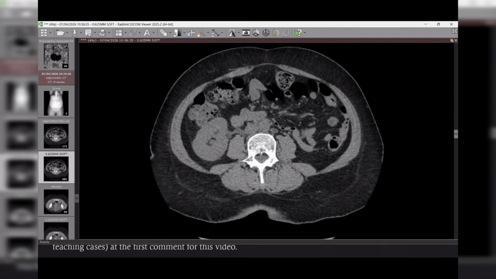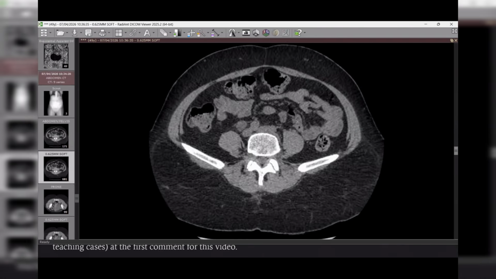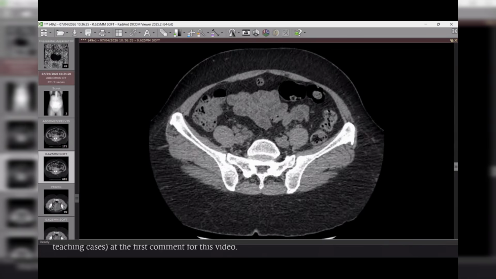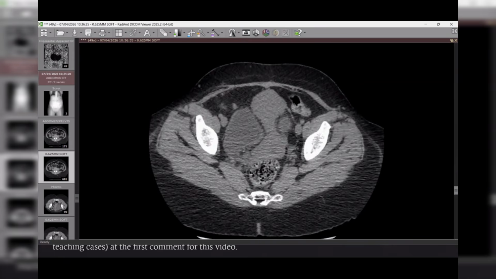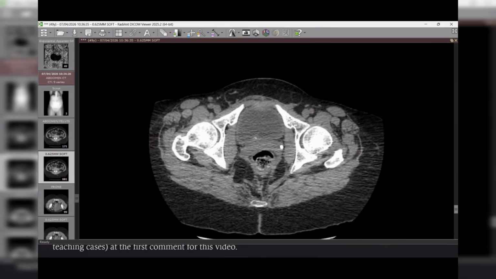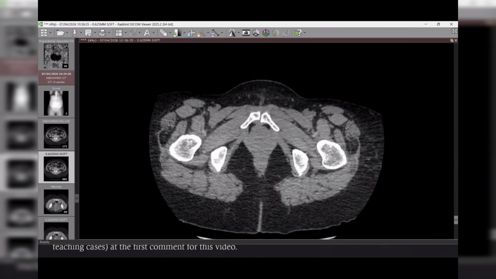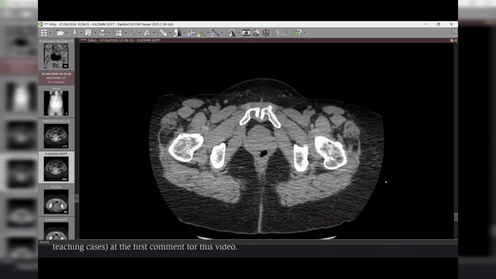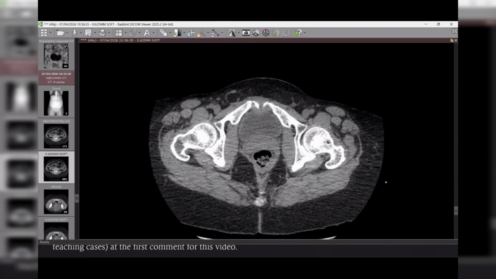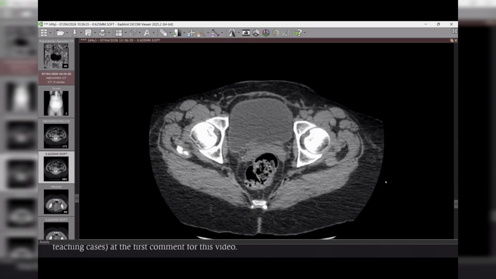It was a dilemma. So I can see two ureters arising from the kidney. Yes, perfect. What's your diagnosis? A ureterocele, and there's a calculus within the ureterocele. You are amazing.